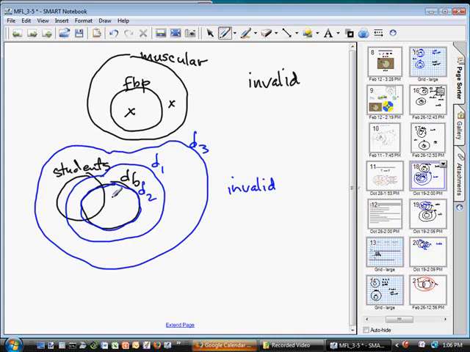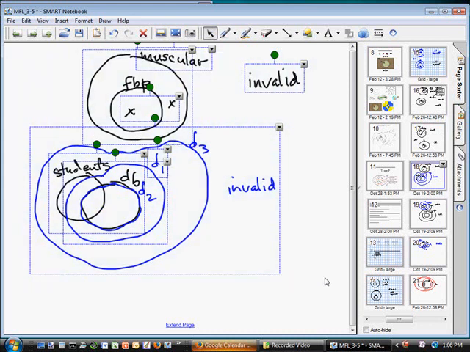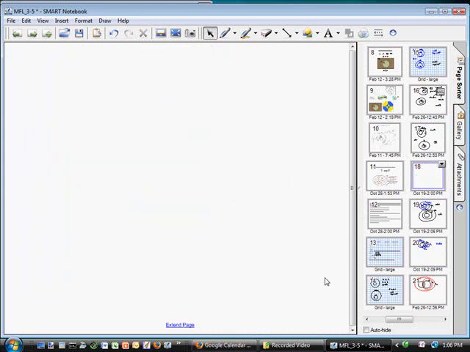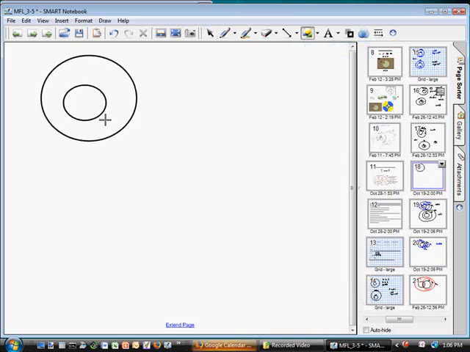Okay, again, let me erase. We'll start over here. Strange looking diagrams. On we go. How about number 12? All football players are muscular. Okay, so there's the football players, and they're all in the muscular circle.